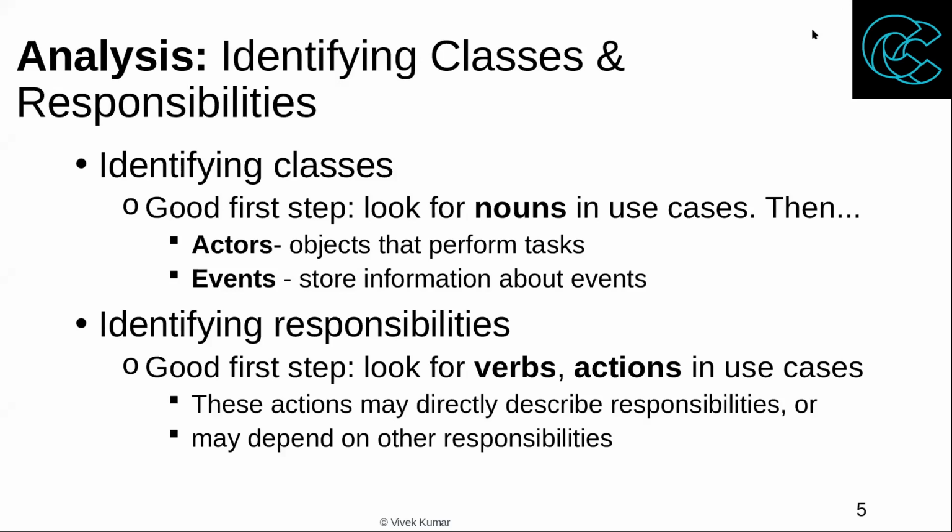So in order to identify the classes, one of the heuristics, so to say, is to look for nouns. So you go over the document, and then you make a note of all the nouns in the document. So these nouns can be actors, so to say. So these are specific things that can perform the tasks, which we call objects, or they can be certain events.